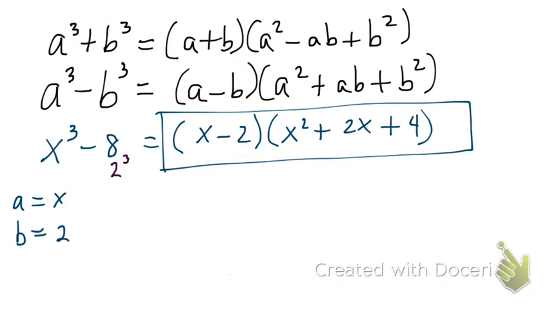Now, once we have this part, it turns out we can generate this part using x minus 2 in this case. Notice the x squared here is just our x squared. And let's look at the 4 here.